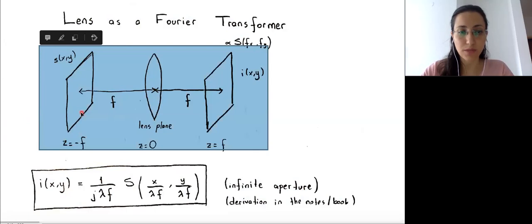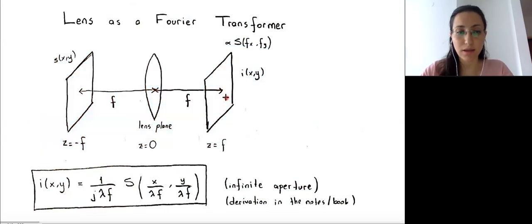This source plane has a distance of f to the lens, and we consider another plane, a second plane that also has distance f to the lens.